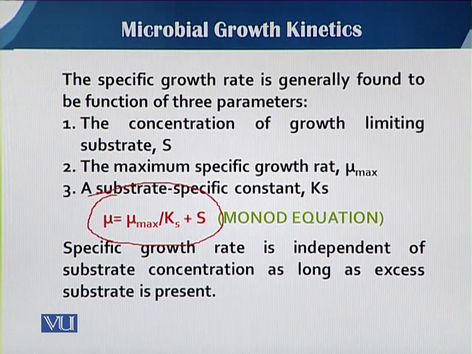This is known as the Monod equation, which gives a good explanation of the effect of substrate on the specific growth rate of any unicellular microorganism. Ks and mu max are known as Monod parameters. Mu max is the maximum growth rate constant and Ks is the substrate utilization constant.